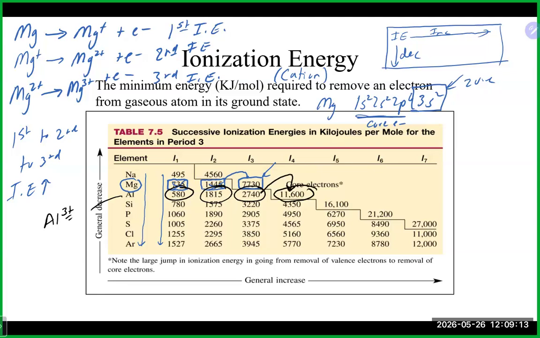We're up to 11,000, which is probably not going to happen under normal conditions. And that's why something like aluminum will stop at the +3. Basically we remove the valence electrons, as that is the easier of the electrons to remove, and it's much, much harder to remove those core electrons. Any questions on that there?